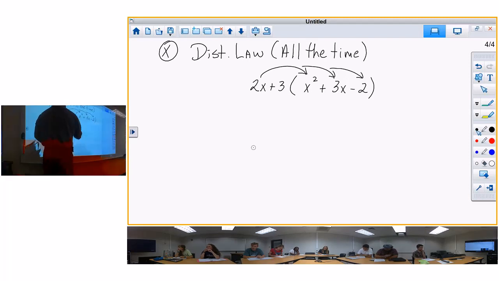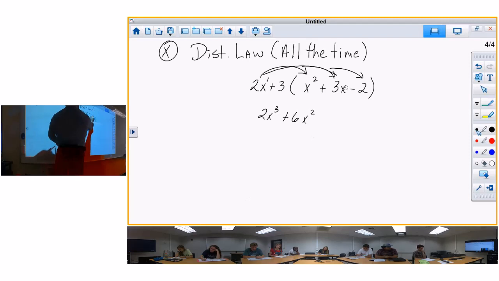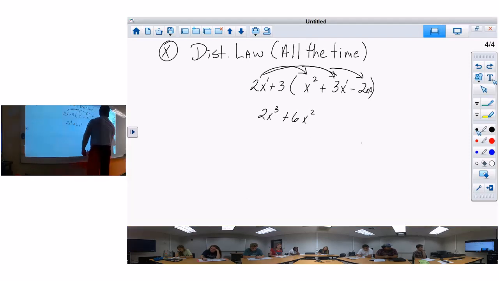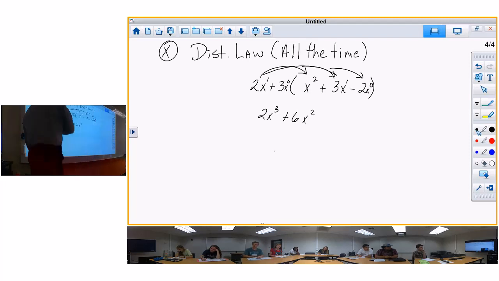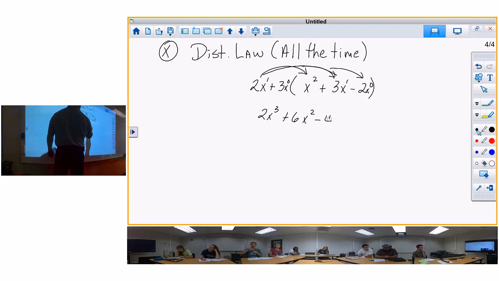2x times x squared, that's x to the first power, is 2x to the third power. 2x times 3x is 6x to the what? Second power. You got to add the exponents. Don't forget to add the exponents. Two times 2, that's a negative 4, x to the first power.